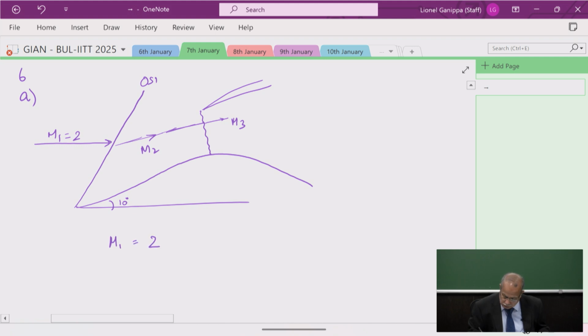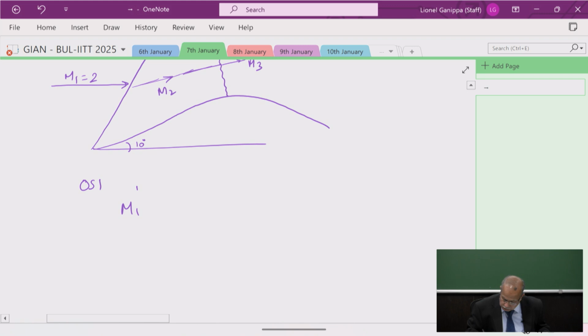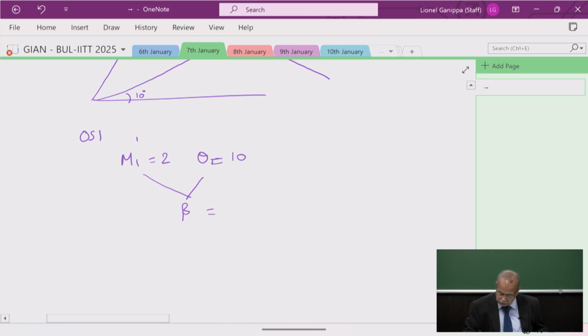So let's put this as oblique shock 1. M1 is equal to 2, theta is equal to 10. Find beta.